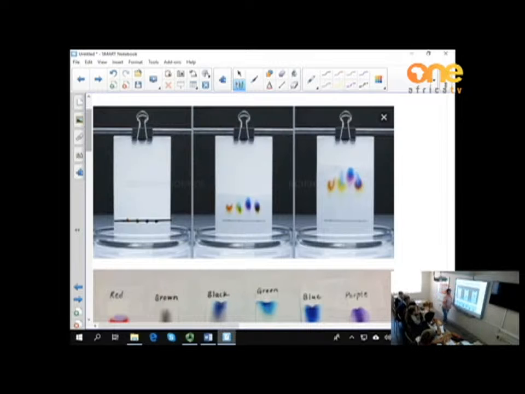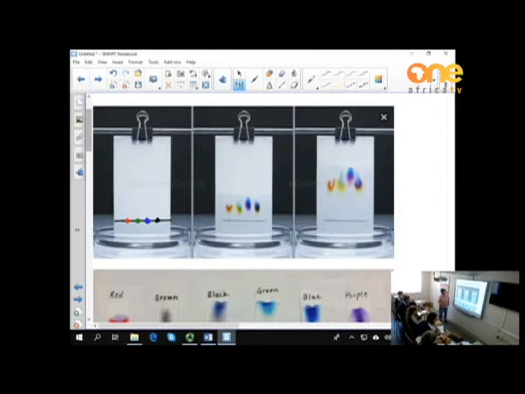Then on the piece of paper, they've marked a spot with a red Koki or green ink and blue ink and black ink. And they leave it. The end of the paper is touching, or just slightly a millimeter or two into the water.